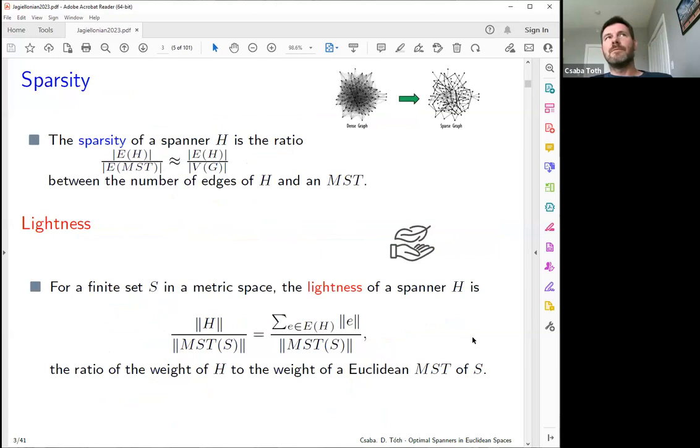Two parameters have been studied for spanners. One is sparsity, the size of the spanner: the number of edges to number of vertices. For weighted spanners, the other important parameter is lightness: the total weight of the spanner compared, not to the total weight of the graph, but to the MST.